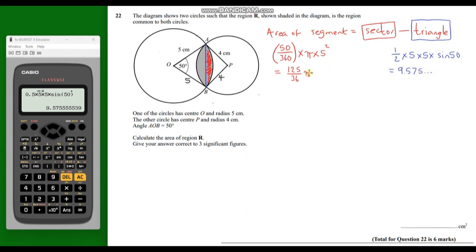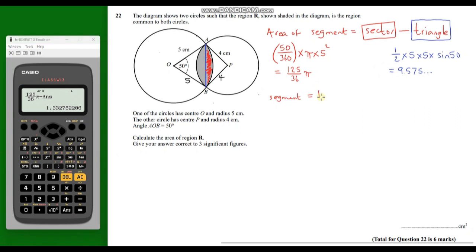So for the segment, we're just going to take one away from the other. I've already got this saved in my calculator. So segment equals 125 over 36 pi, then I'm just going to subtract answer because it's already saved.